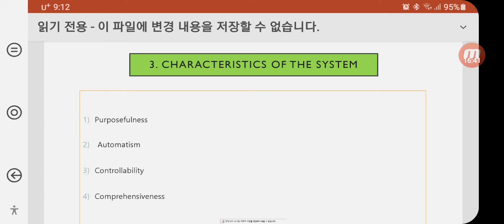automatism is a characteristic that is set in advance, so that the most appropriate treatment is performed in response to the conditions.